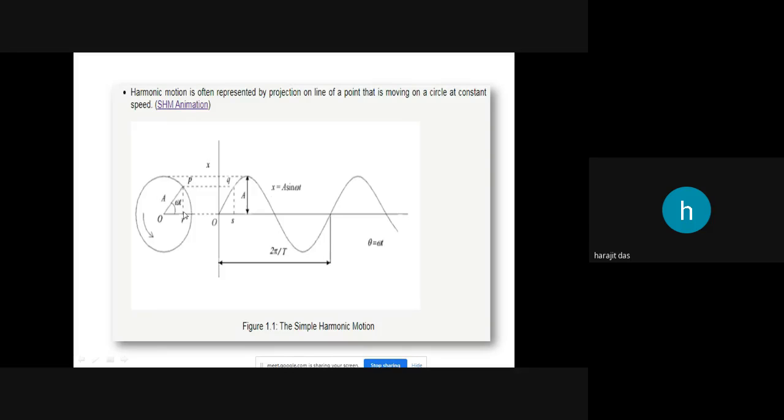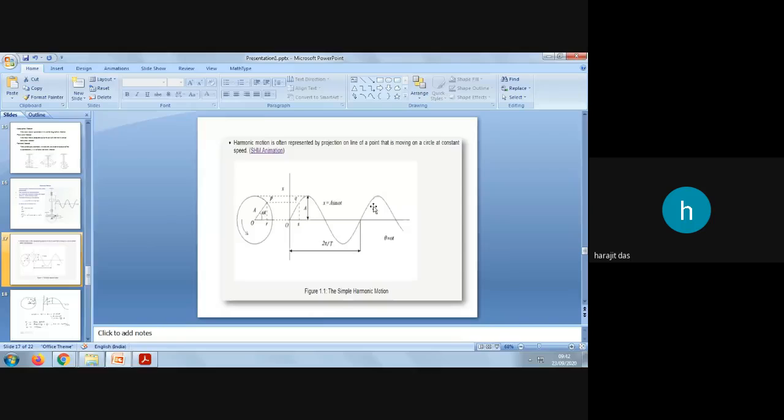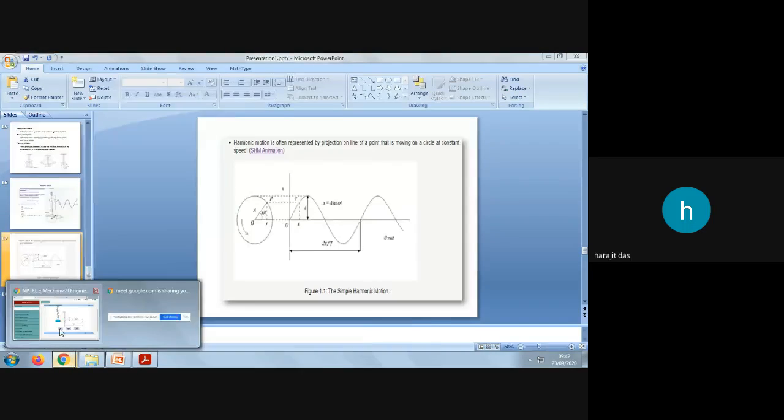So let this circular motion be represented by the projection of this sinusoidal curve, and how this circular motion can be represented by the sinusoidal curve.